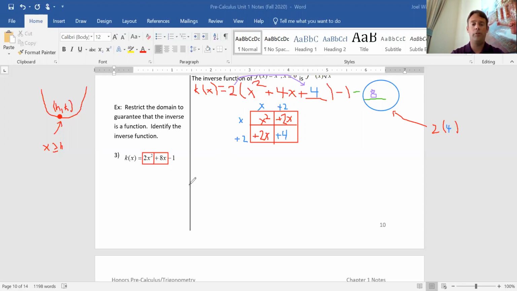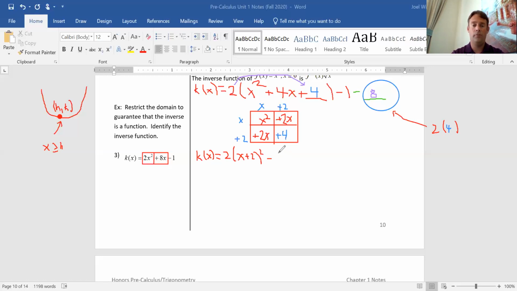So now by completing the square, I end up with this function when I change its form: 2 times x plus 2 squared, and on the outside I have a minus 9.